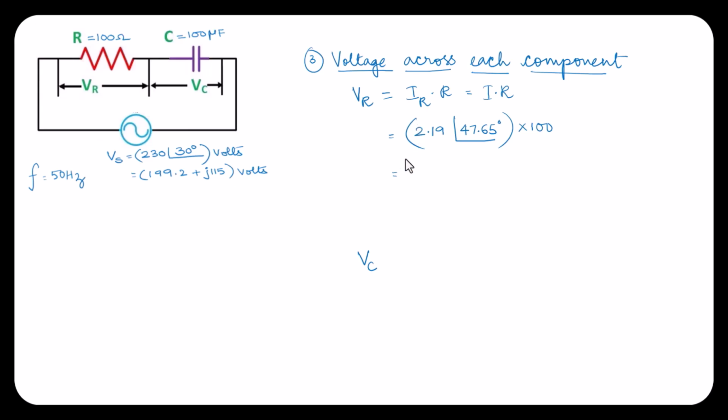So the voltage across the resistor will be 219 at an angle of 47.65 degrees, and the unit will be volts.